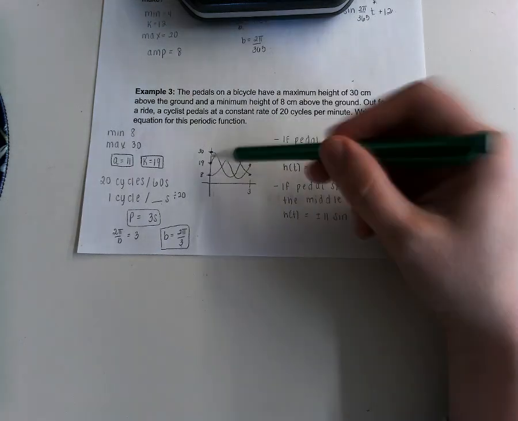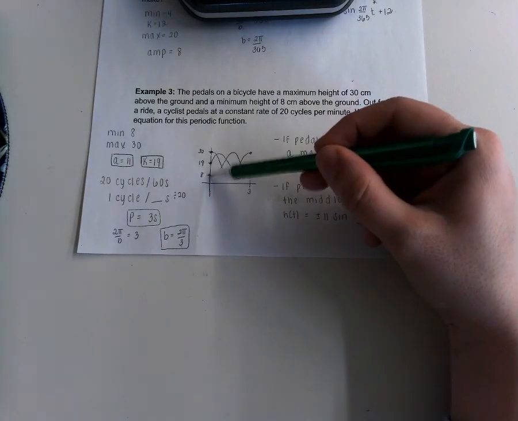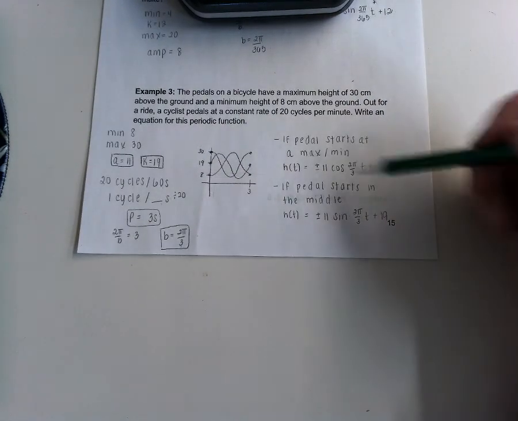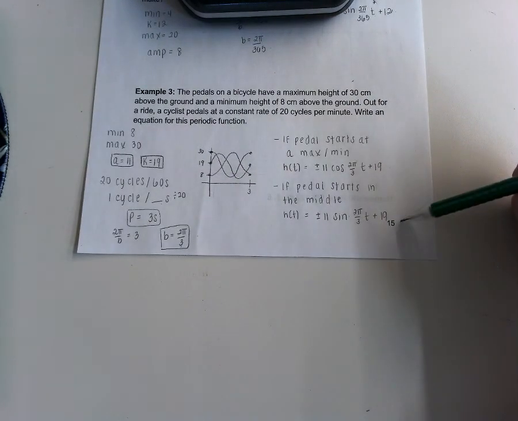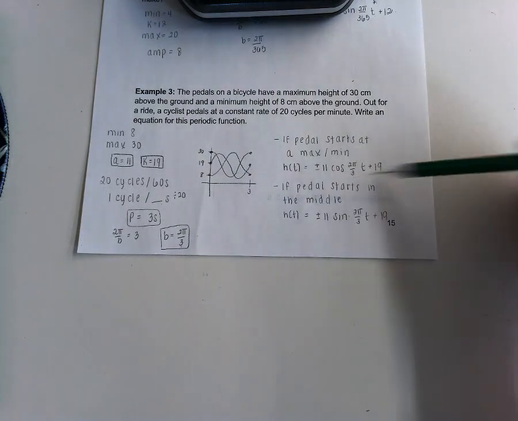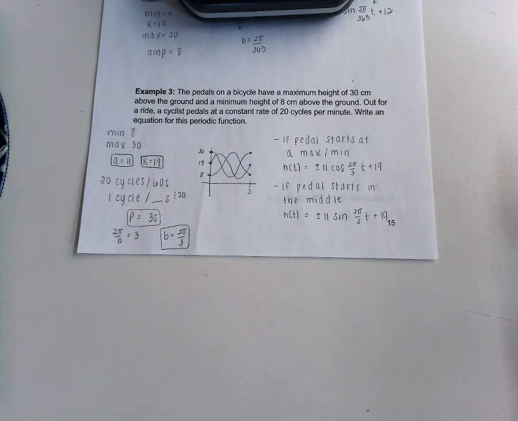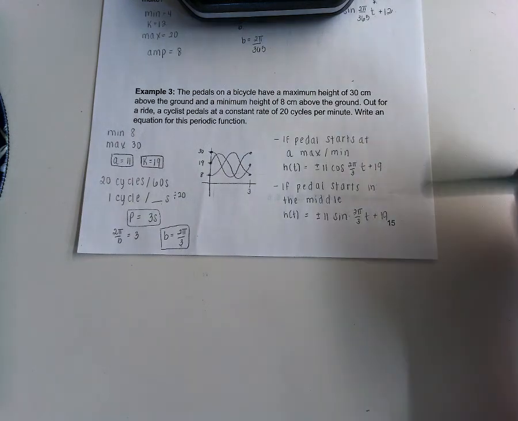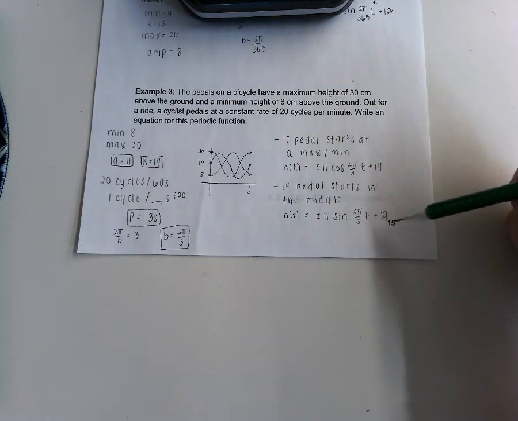Because it could start either at the bottom, at the middle, or at the top, and it can go in either direction. So there's 4 different options laid out here. Of course, you could always write some of these with a horizontal translation. I don't recommend that. Try to avoid those when you can, but there's lots of different options here for answers.